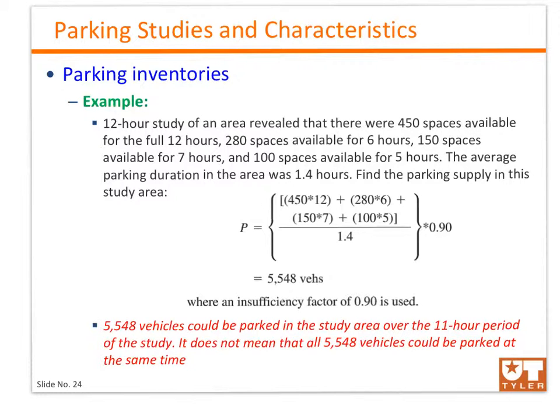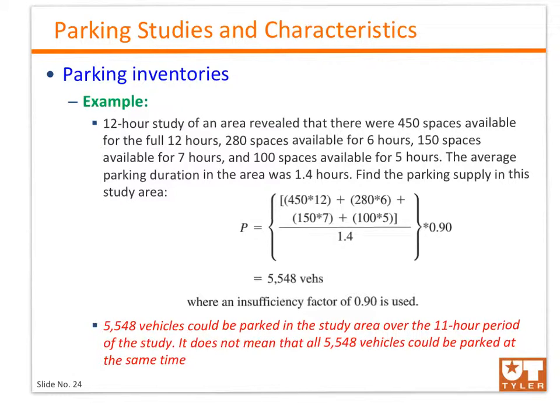And there are 280 spaces available for 6 hours, 150 spaces available for 7 hours, and 100 spaces available for 5 hours. We're also given that the average parking duration in the area is about 1.4 hours. So on average, every vehicle that parks there stays for 1.4 hours.